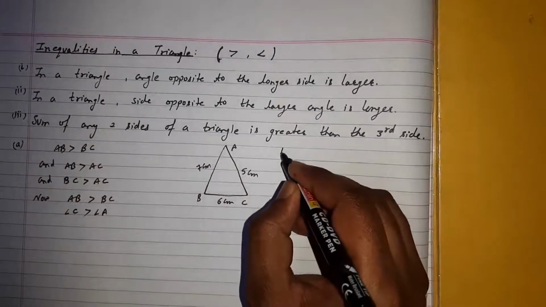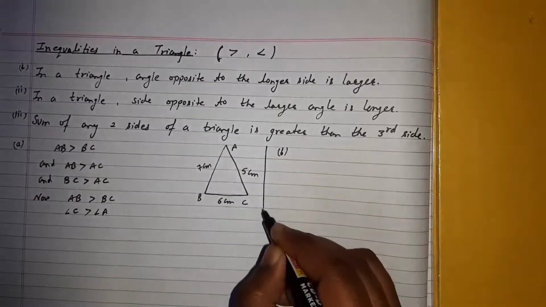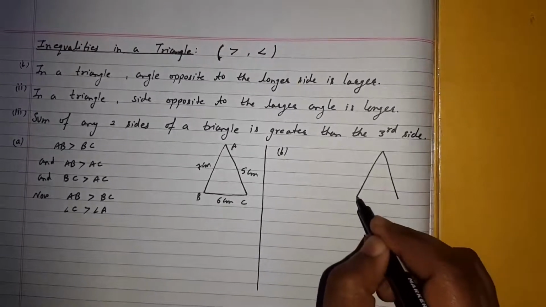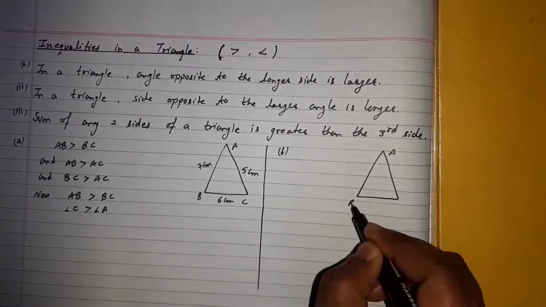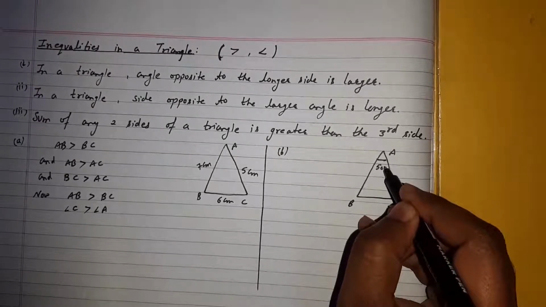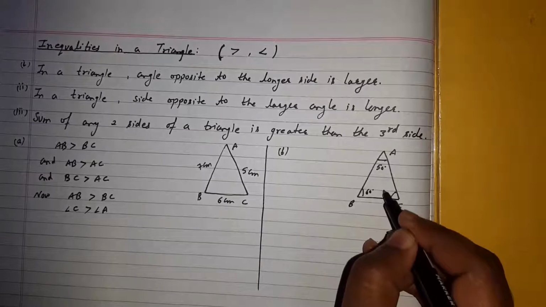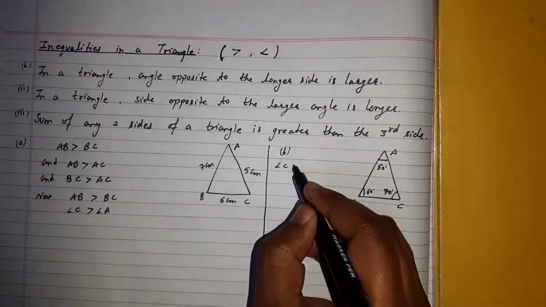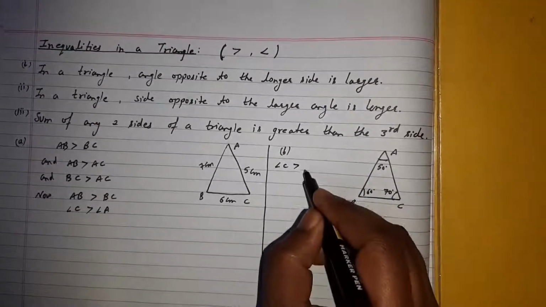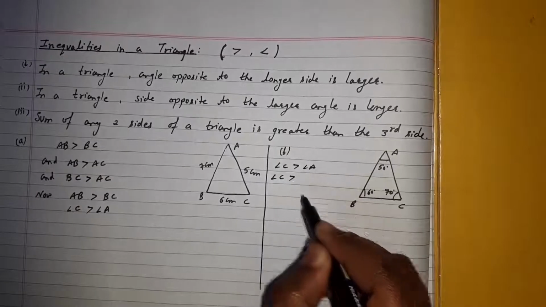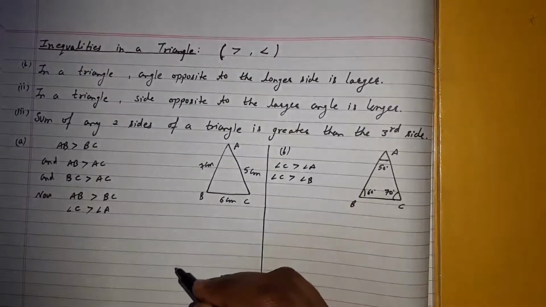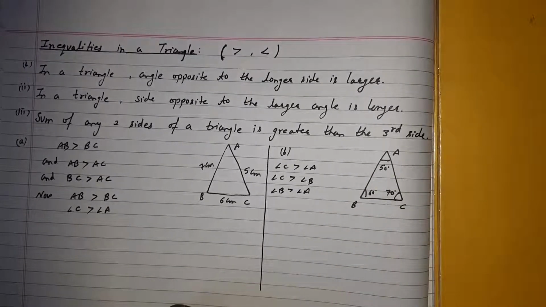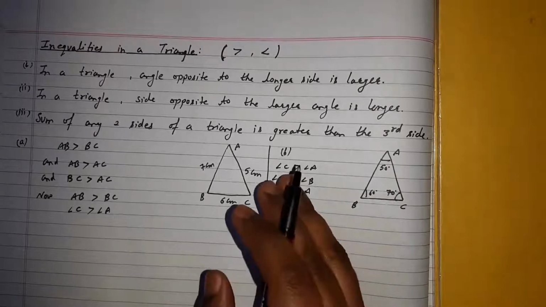Suppose second part. Suppose in a triangle ABC angles are given. Suppose this is 50, this is 60 and this is 70. So here we can say that angle C is greater than angle A, angle C is greater than angle B, and angle B is greater than angle A. It means we have the relation between angles.